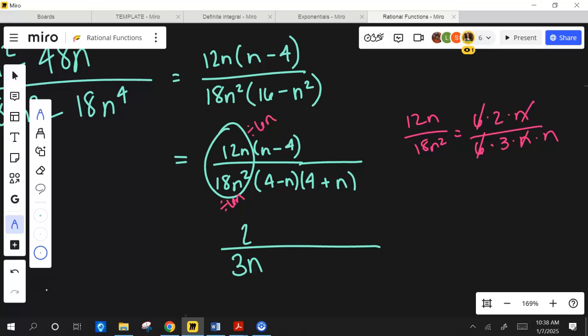But I'm never going to have these two look the same, right? But this one, if you notice, the n is positive, the 4 is negative. In this one, it's just flip-flopped, agreed? So what if I took a negative 1 out of one of them? In other words, could I say that 4 minus n is the same thing as negative 1 times negative 4 plus n, which is the same thing as negative 1 times n minus 4?